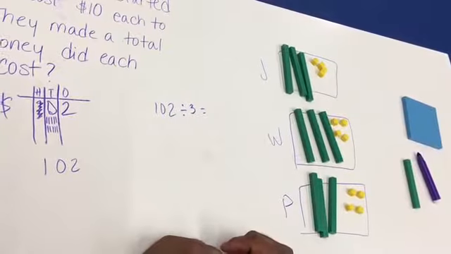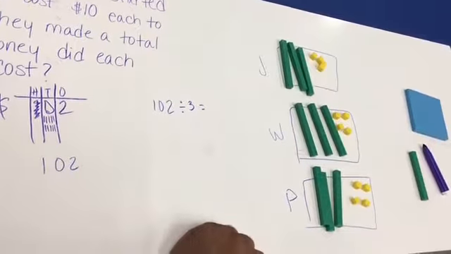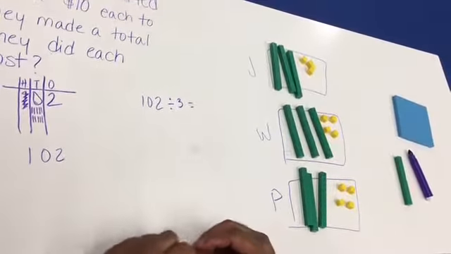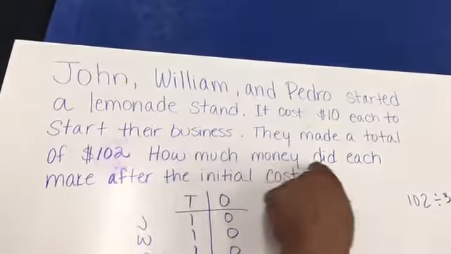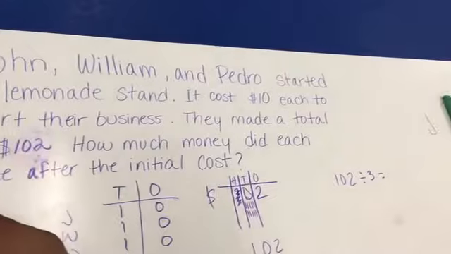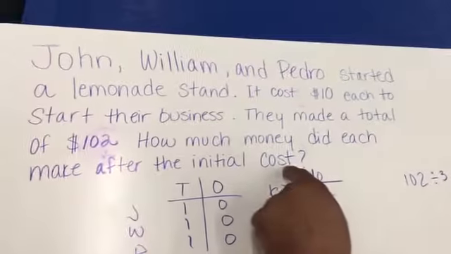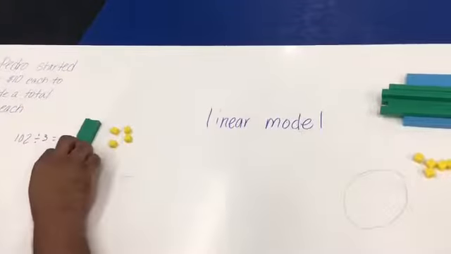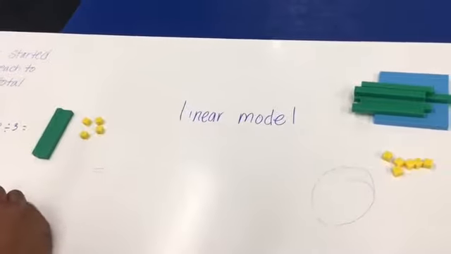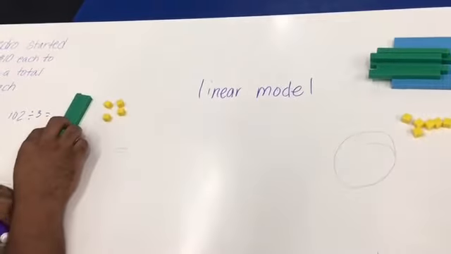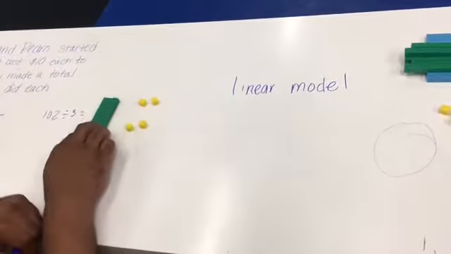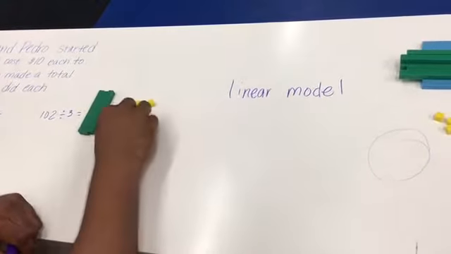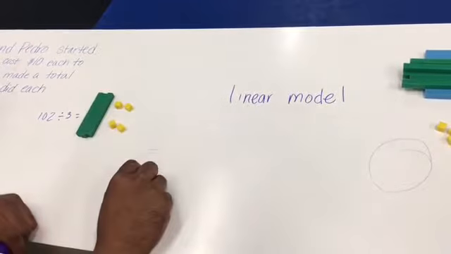But if you recall, the problem stated, how much money did each make after their initial cost? Like we had talked earlier, 102 divided by our 3 entrepreneurs, John, William, and Pedro, was 3 rods, which is 30, and 4 units, 34.